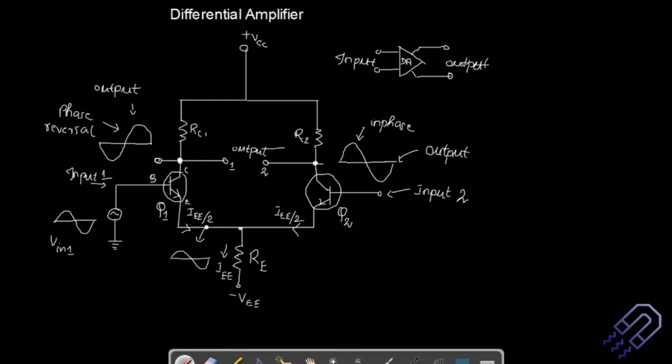This is 1 and this is 2. So it will be the same; obviously, you're going to get the same result. In some books, they use this side, and I'm using this side. It's okay, no problem. Either of those sides, you can consider to be the output. So this is the circuit diagram for the differential amplifier.